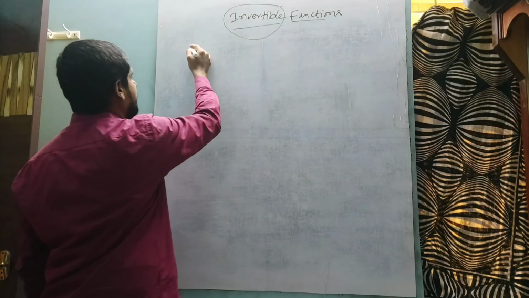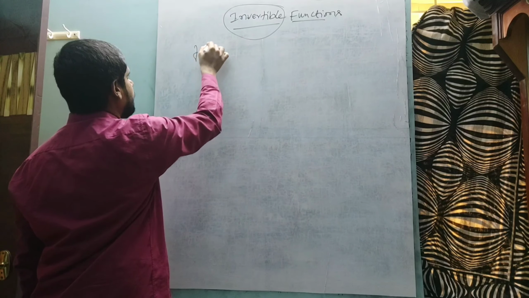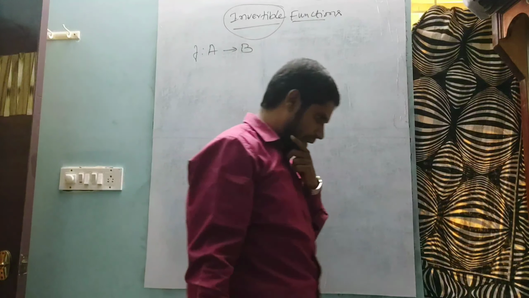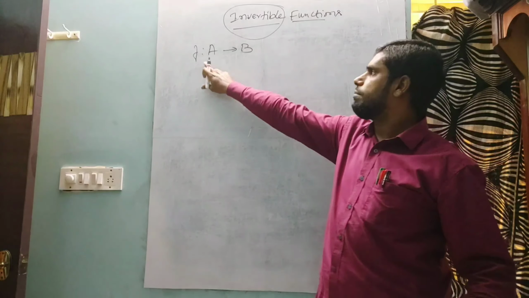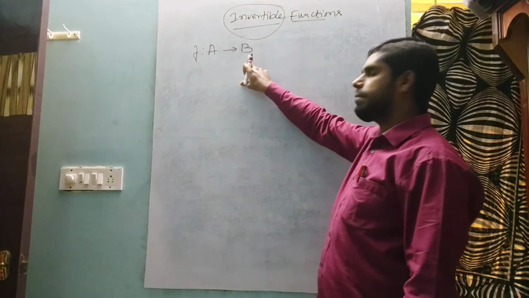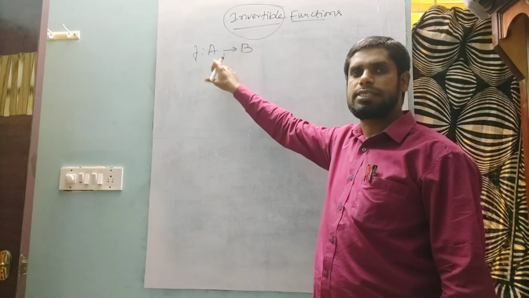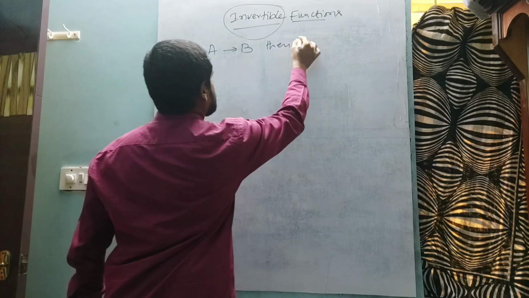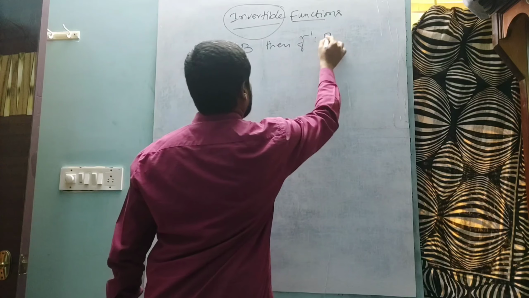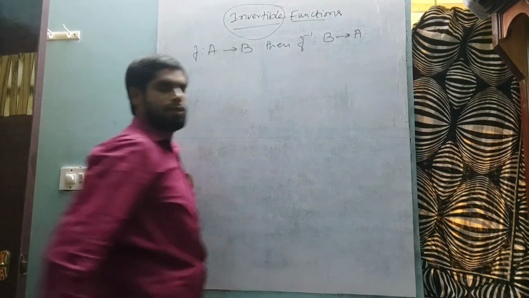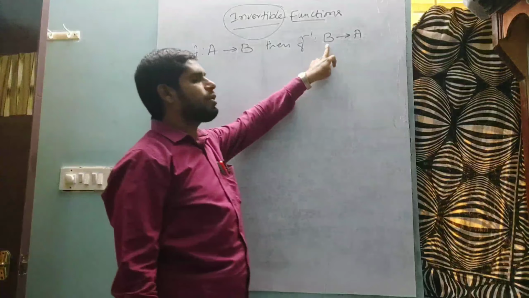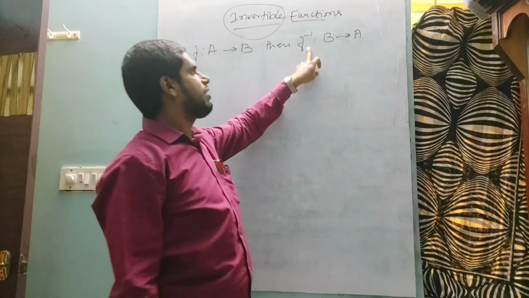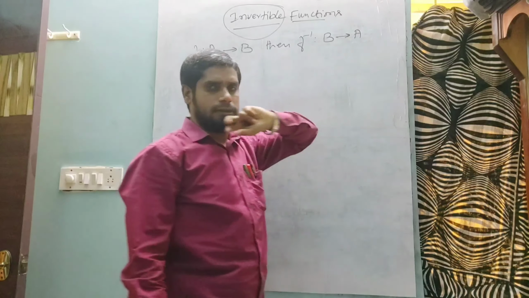If I take a function f from A to B, where A and B are two non-empty sets, then definitely its inverse will be from B to A. I interchange the domain and codomain of this function. Then I will get f inverse, and it is from B to A.